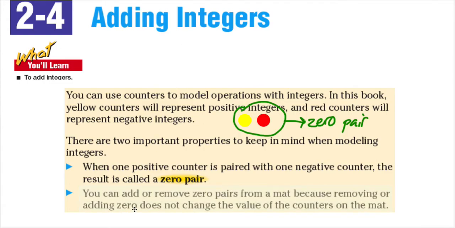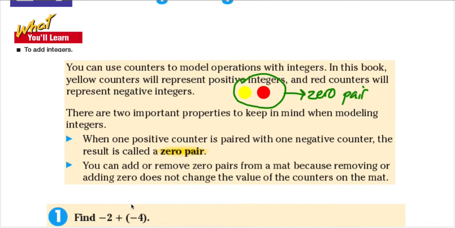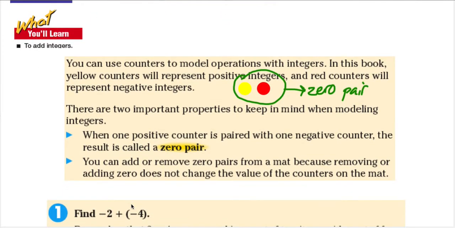The other important property is this: you can add or remove zero pairs from the mat because removing or adding zero does not change the value of the counters on the mat. It pretty much makes sense if you say 3 plus 0, for example, will not change 3. Sorry, it will still be 3.